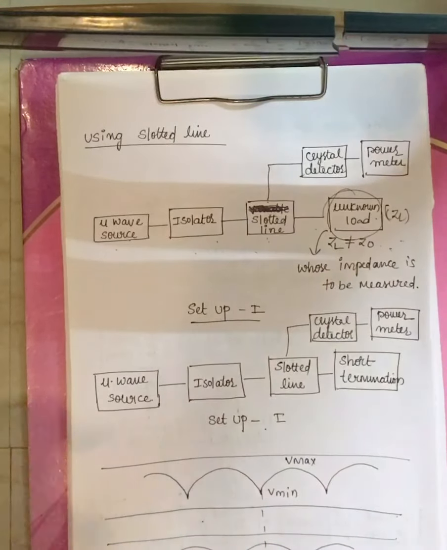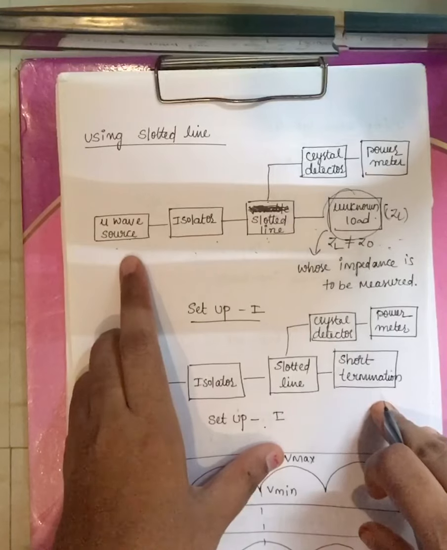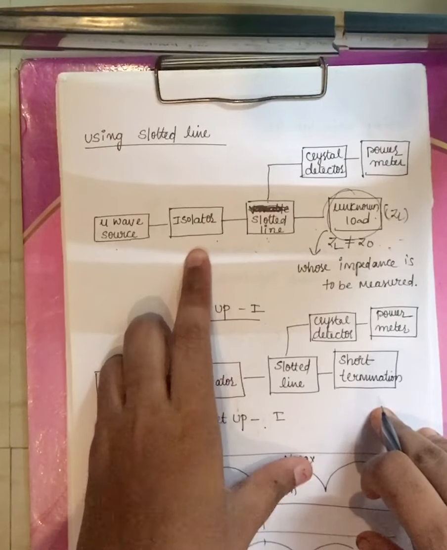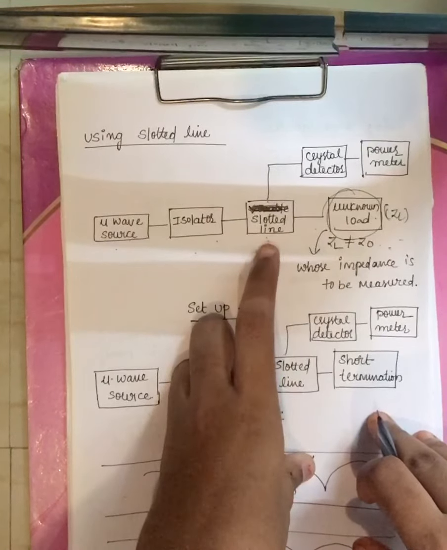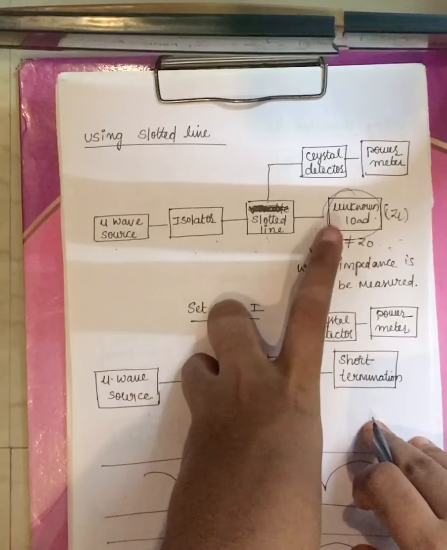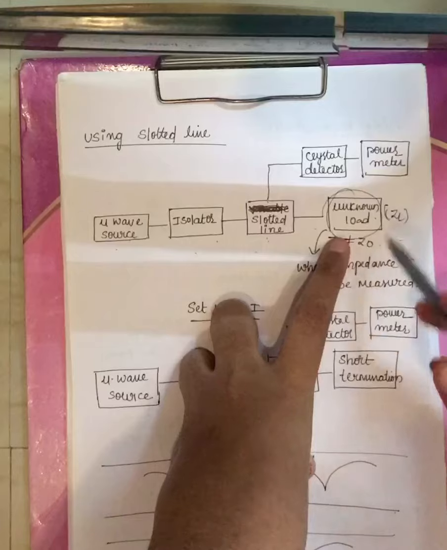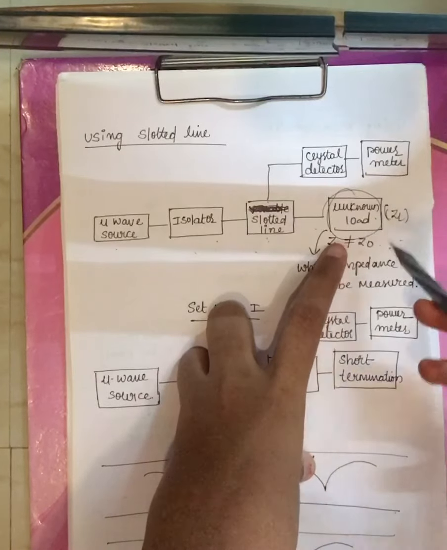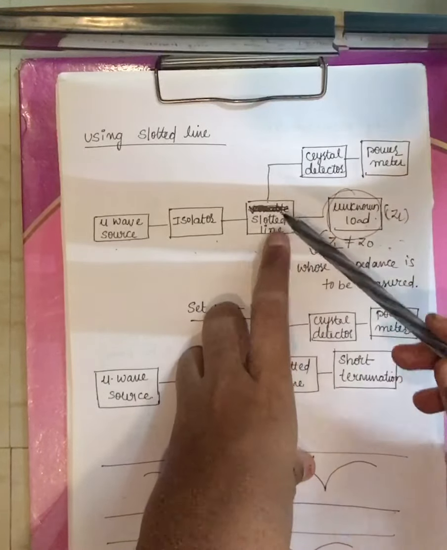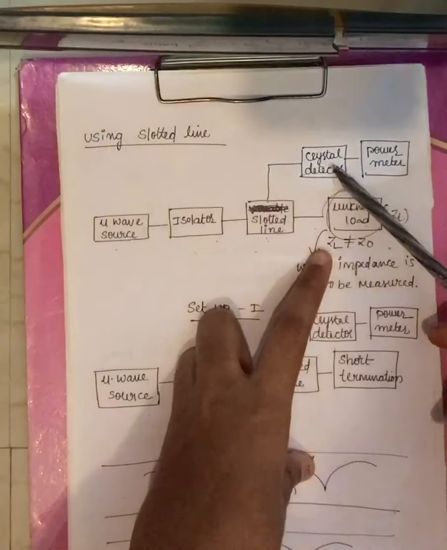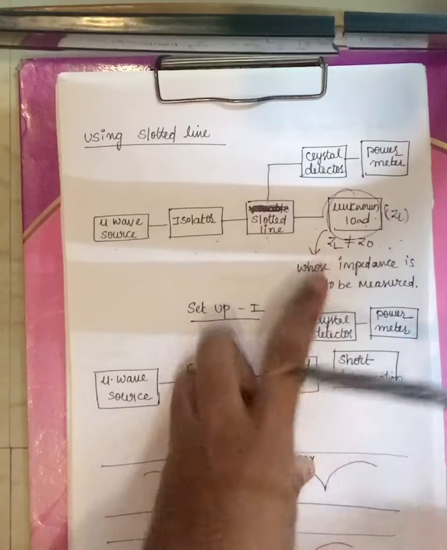This is setup 1, where you have the microwave source connected to the isolator, then the slotted line. The slotted line is connected to the impedance that we want to measure, the unknown load, and the slotted line is connected to the crystal detector followed by the power meter.